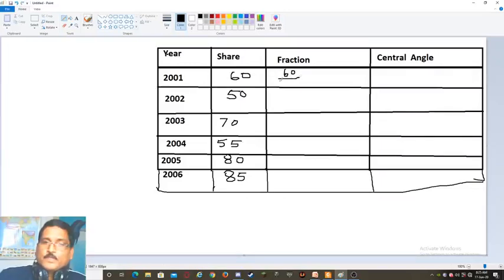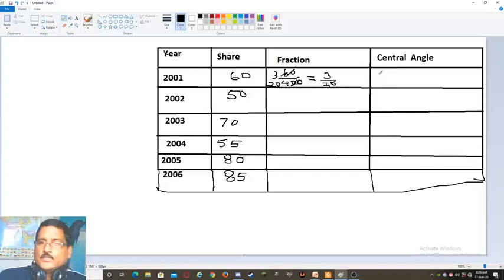Okay, 60 upon 400, cut the zero, then cut by 2, 3, and 400 has a zero, this zero is cut, and then if I cut it by 20, it is coming 3 by 20.